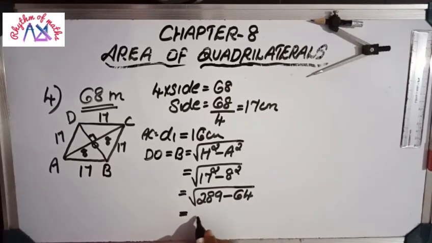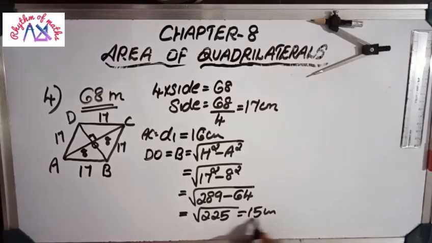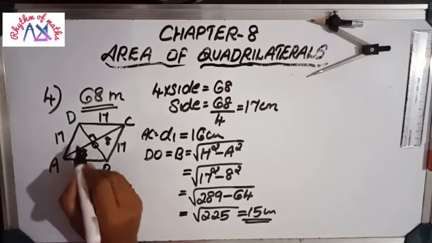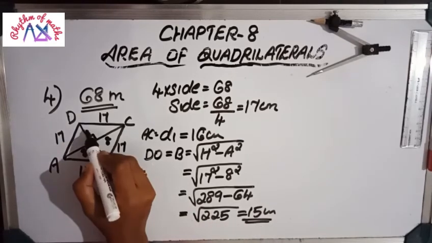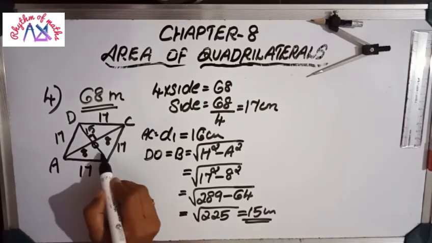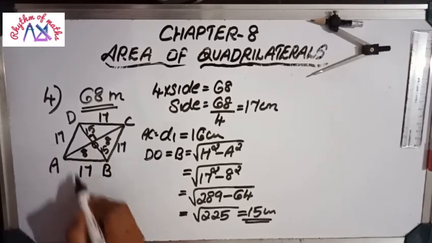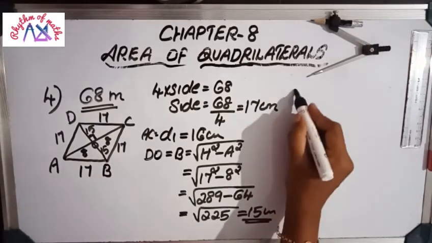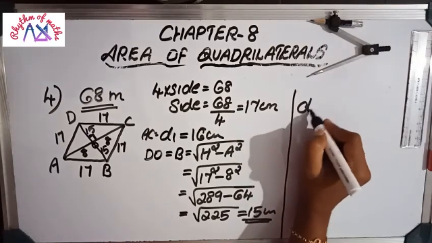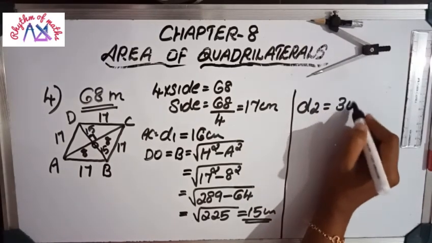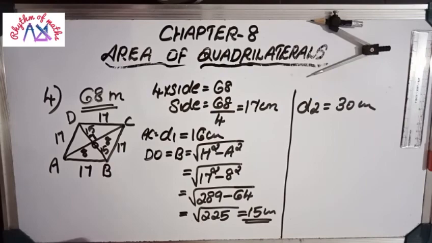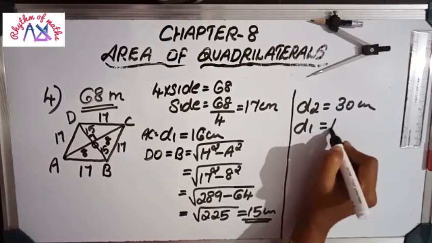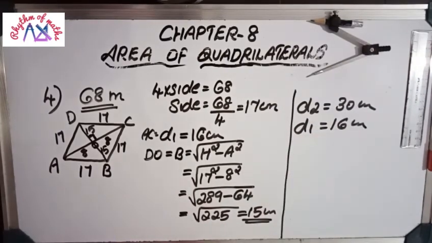When you subtract this, you will get the answer as root of 225. Root of 225 is 15 centimeter. That means this part of the second diagonal is 15. Similarly, the other part will also be 15 because diagonals bisect each other. That means the second diagonal D2 equals 30 centimeter. Okay, so first diagonal is 16 centimeter, second diagonal D2 is 30 centimeter.